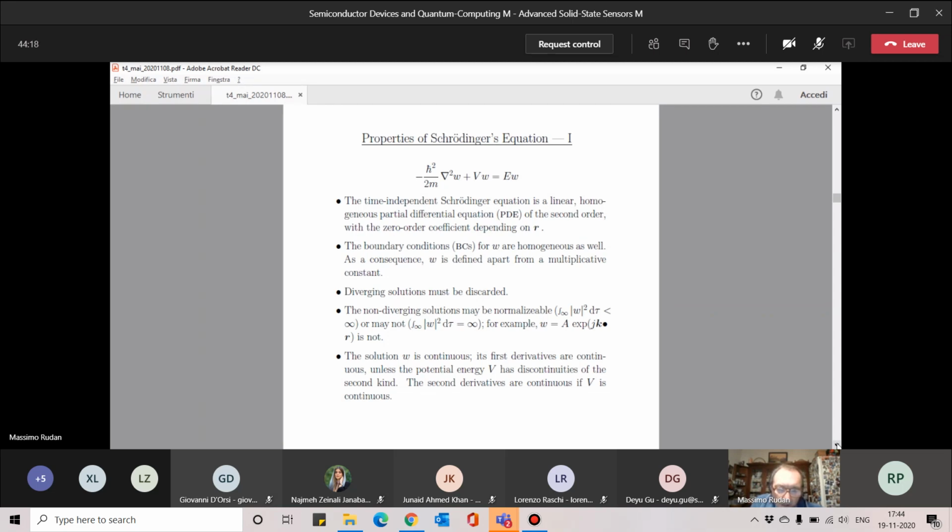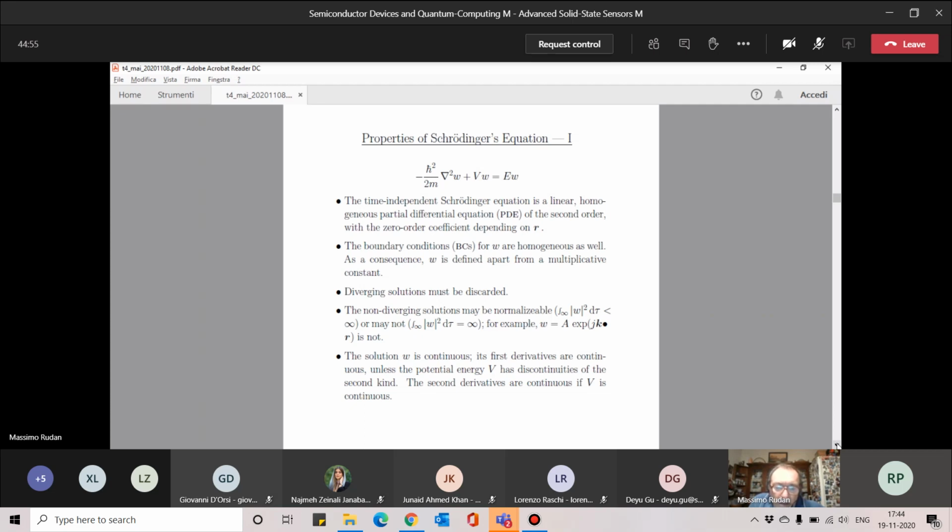So for a monochromatic wave function in which only one multiplicative coefficient, the exponential of minus j omega t, appears, the square modulus of the wave function is equal to the square modulus of the space part W. So for the normalization, it is sufficient that we consider the integral of the square modulus of W over the full space.